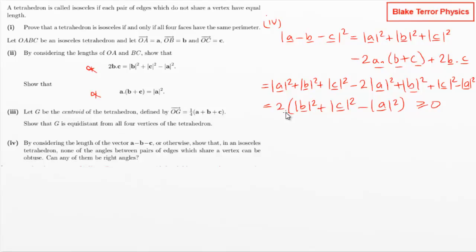So that's telling us that this a squared has got to be less than something. Okay, I mean, this has got an air of Pythagoras about it, which fits with the idea of right angles and things. So what can we say about this?